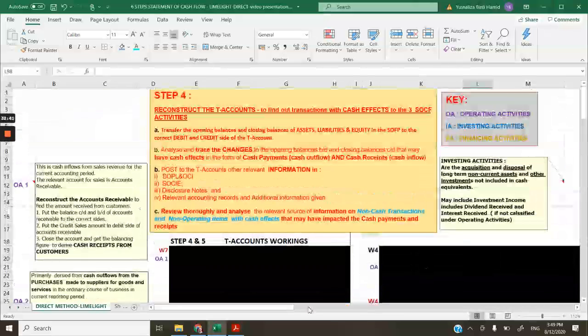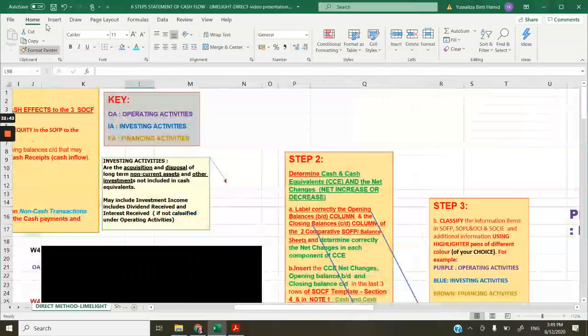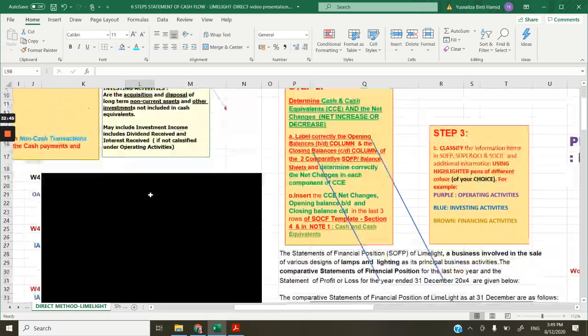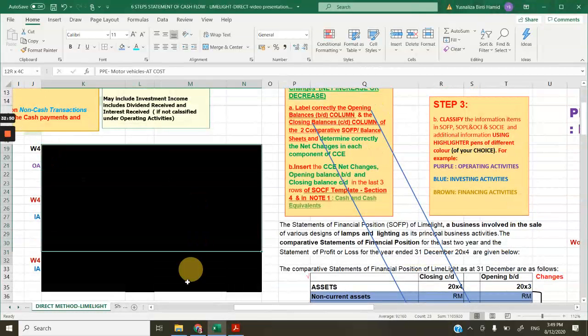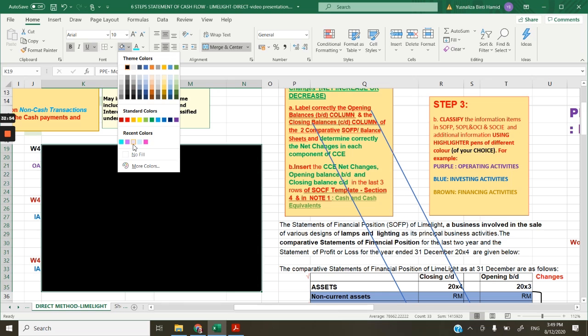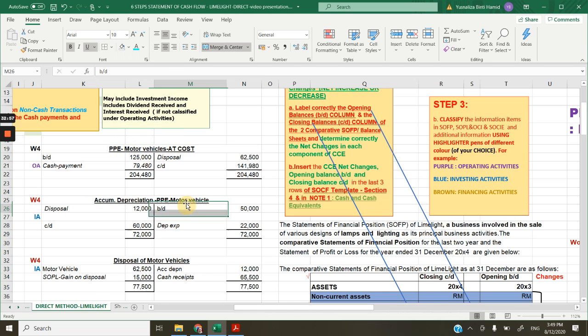All right, so let's see what I have for you here. I will show you that. It is here. Okay, so open up the motor vehicle account, put the balance to the correct side, debit and credit respectively, and then put the disposal. This one is from the information in the additional information. You can check that. So when you dispose, you actually de-recognize the cost.